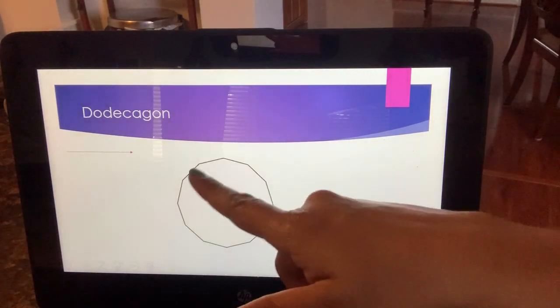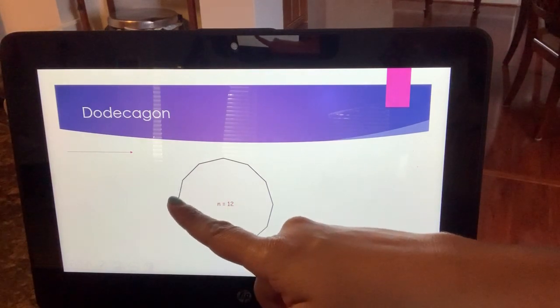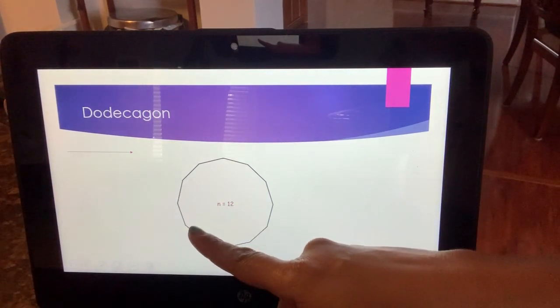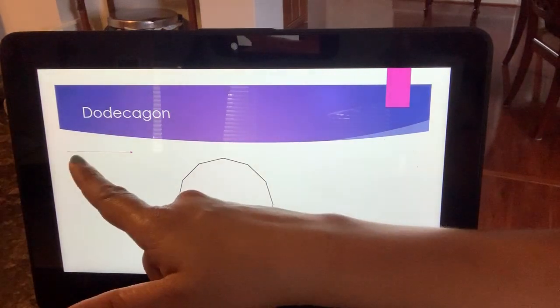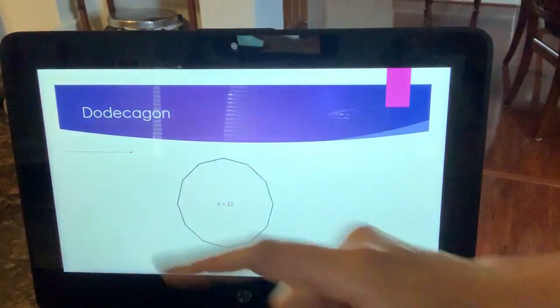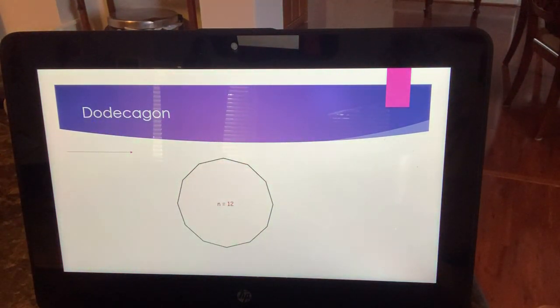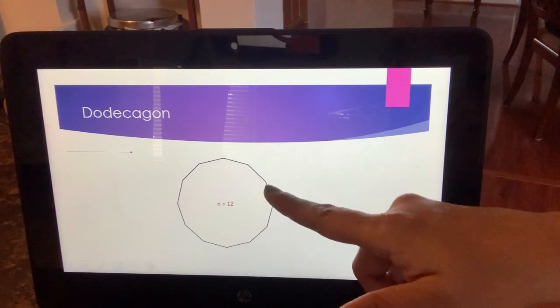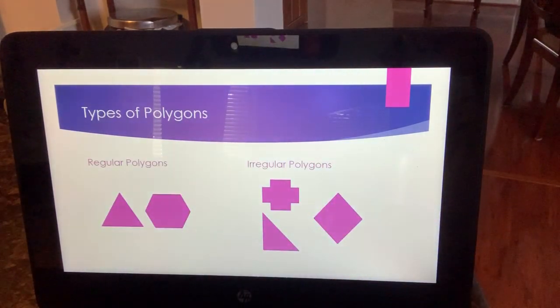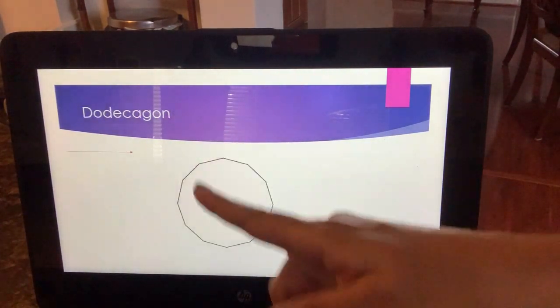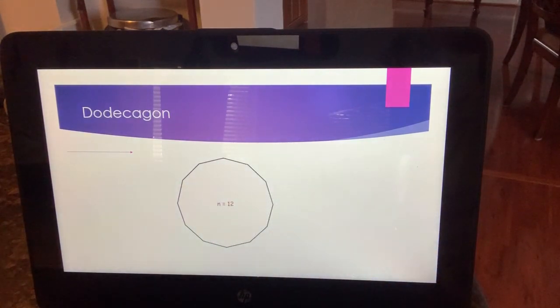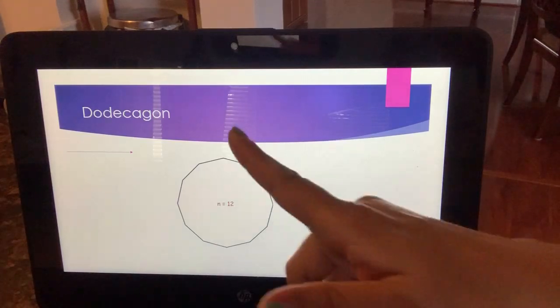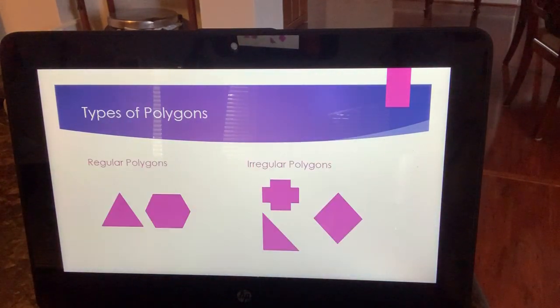Now, if you take a circle like here and you connect it with line segments, you no longer have a circle. This is a line segment right there. Now you have a dodecagon. That is a polygon that has 12 sides. Do you see that? 1, 2, 3, 4, 5, 6, 7, 8, 9, 10, 11, 12 sides. But it's no longer a circle. For it to be a polygon, it has to have the lines right there.